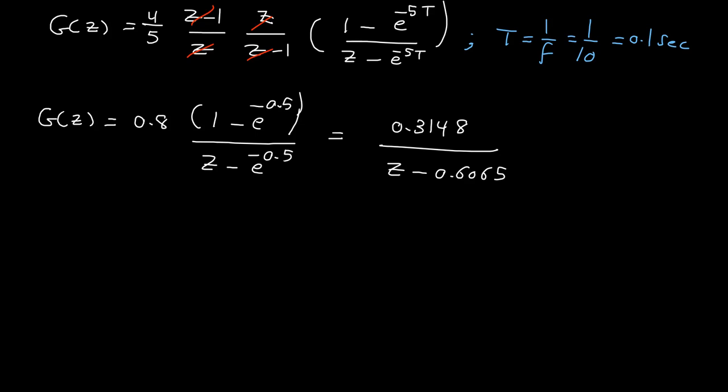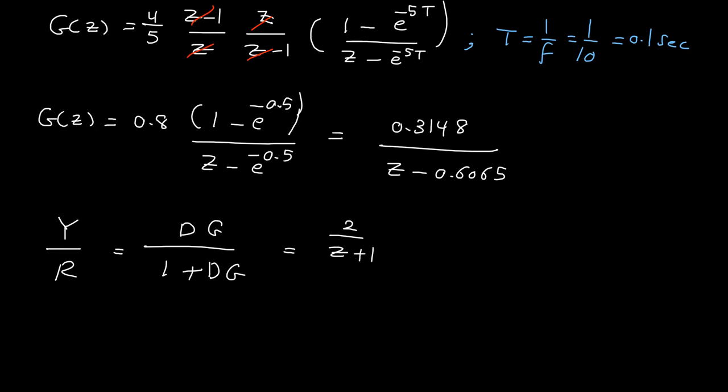So now we need to find the closed loop pulse transfer function, which is y over r, which was dg over 1 plus dg. Now d of z was equal to 2 over z plus 1.